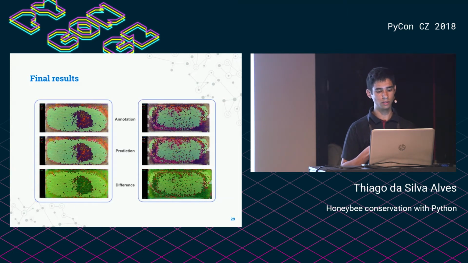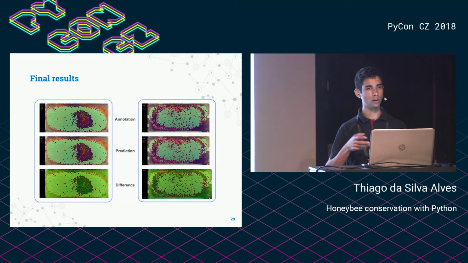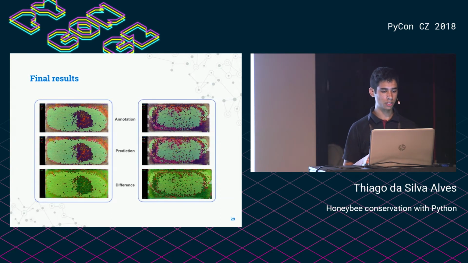So we used those weights to train our classifier. And we could achieve over 93% of accuracy in these images, in a final set that is not the set that was labeled by the beekeeper.